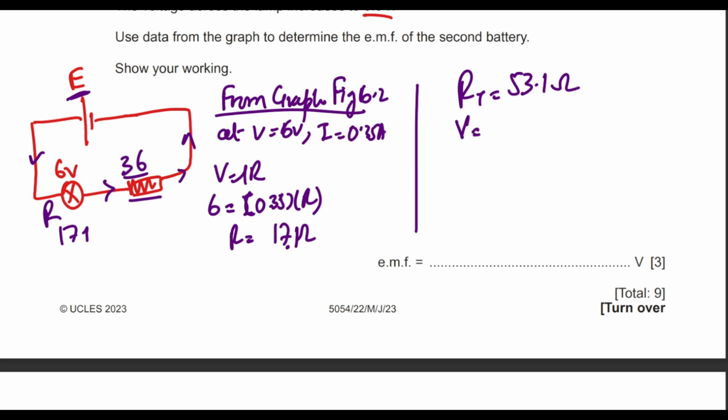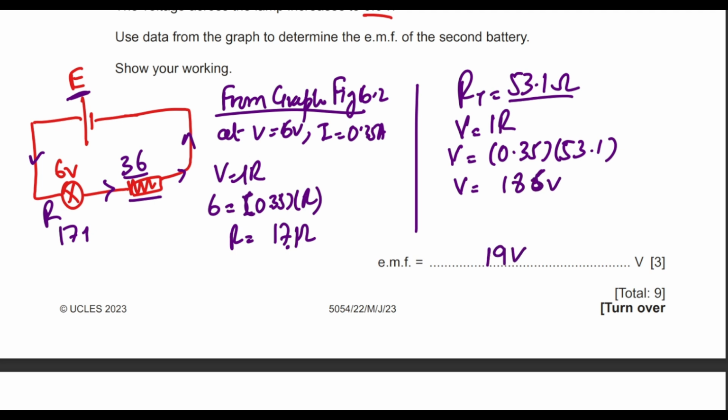Now for the total circuit, again using V equals IR, we don't know the EMF, but we know that the circuit has a current of 0.35 and the total resistance it has to push through is 53.1. So 53.1 multiplied by 0.35 gives 18.6 volts, which up to two significant figures comes down to 19 volts.